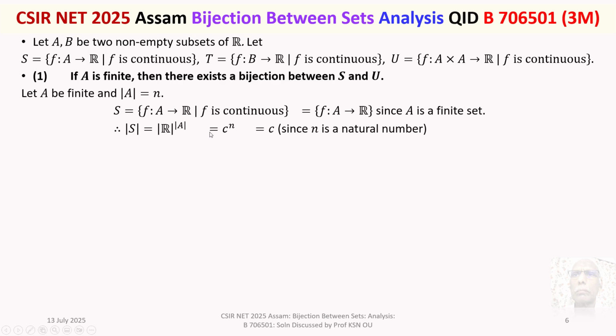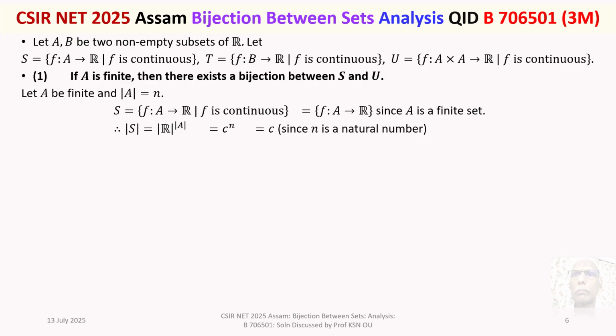That is equal to cardinality of R is continuum C to the power of cardinality of A is N. C power N, C into C into C is C. This is the arithmetic in continuum. And since N is a natural number and a finite one, therefore C power N is C.